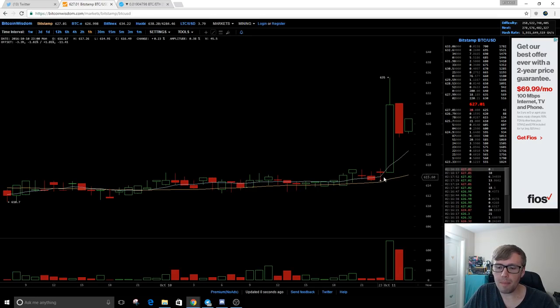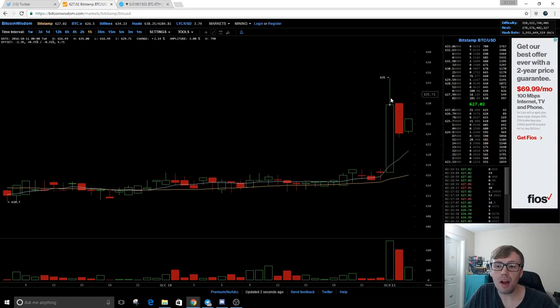So we can start off with this big green candle, okay? You have the bottom of the candle, you have the top of the candle, and you have a wick, right? The wick here determines the range from which the price fluctuated within that time period, okay?